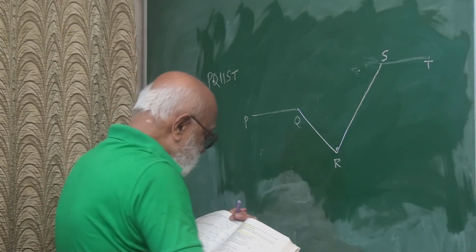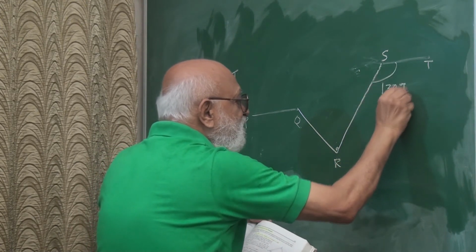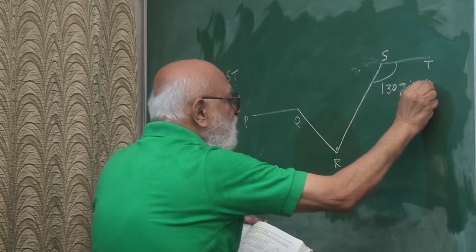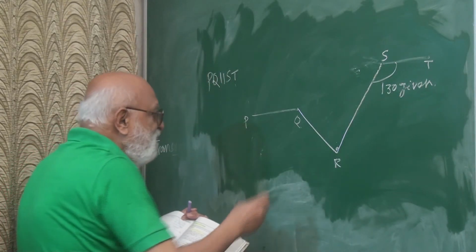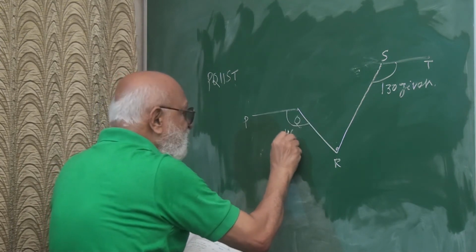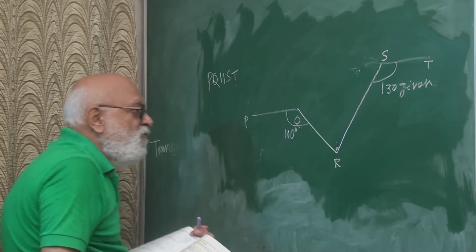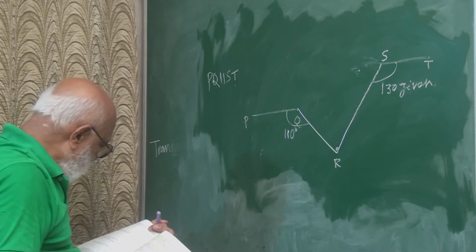And this angle is given, 130 degrees. And also this angle is given, 110 degrees. These two things have been given, and what do I have to do?